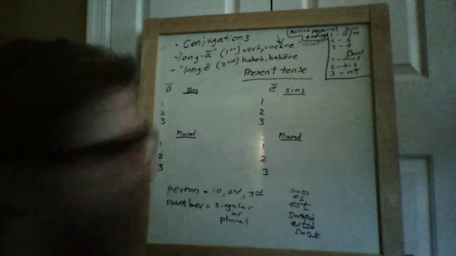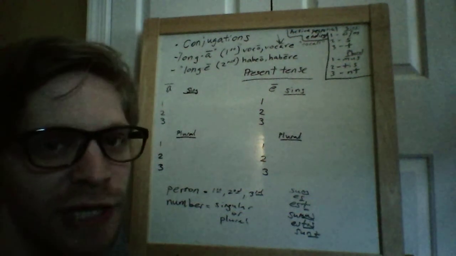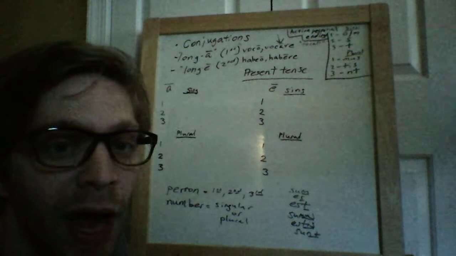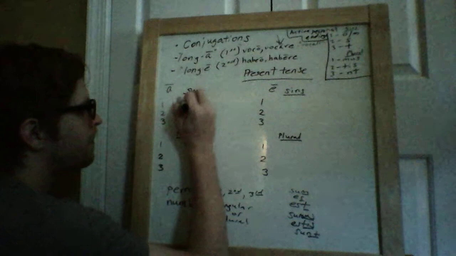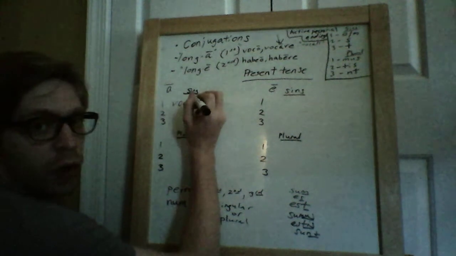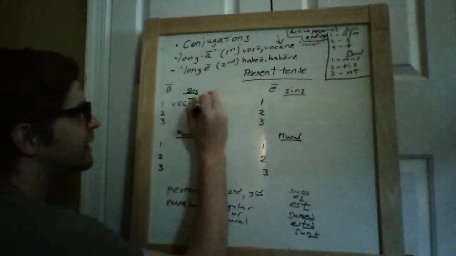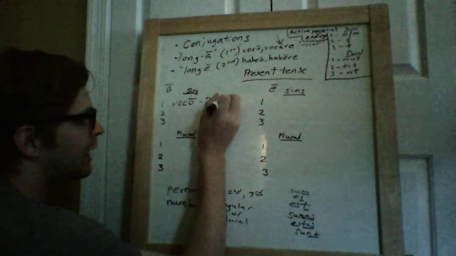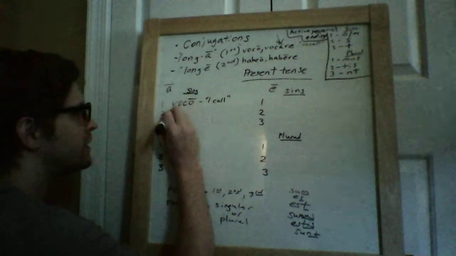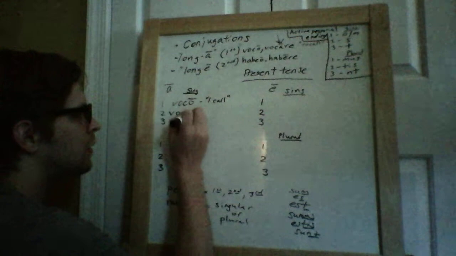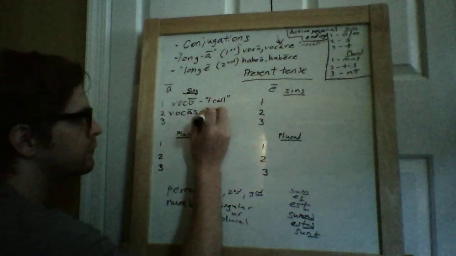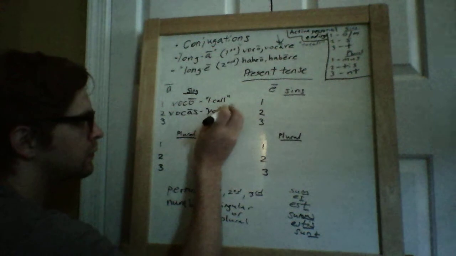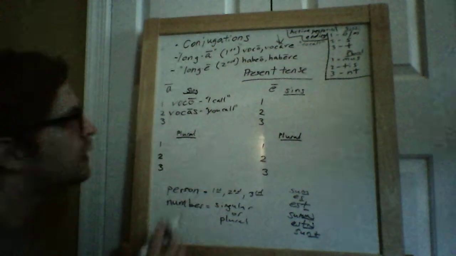So let's conjugate a long A conjugation verb. Let's conjugate voco, vocare, I call. Voco is the first person singular, I call. Second person singular, vocas.